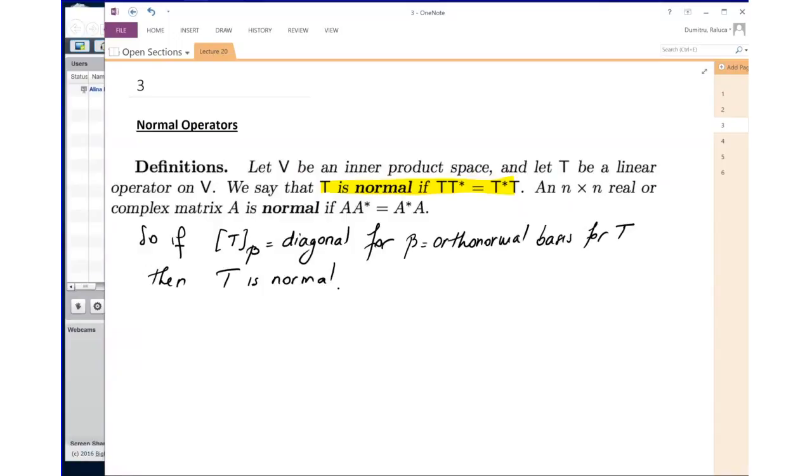And we're going to actually look for an if and only if type of condition here, because after all, this means diagonalizability for T. It turns out that it's going to be an if and only if condition as long as the space V is a complex vector space. So we'll get there.